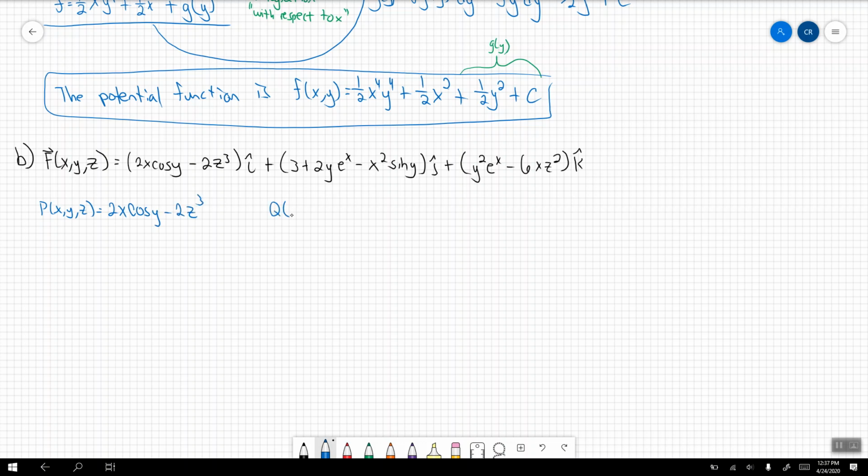I'm going to identify q of xyz to be equal to the middle function here, so q of xyz is 3 plus 2y e to the x minus x squared sine of y. And I'm going to identify r of xyz to be equal to y squared e to the x minus 6x z squared.